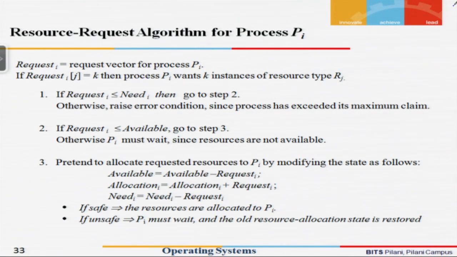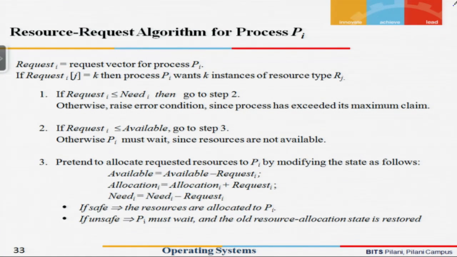If the system is in a safe state, then it is okay. If the system is in an unsafe state, then we do not grant the resource. This is how the resource request algorithm works.